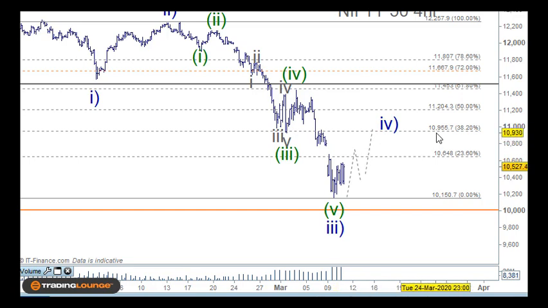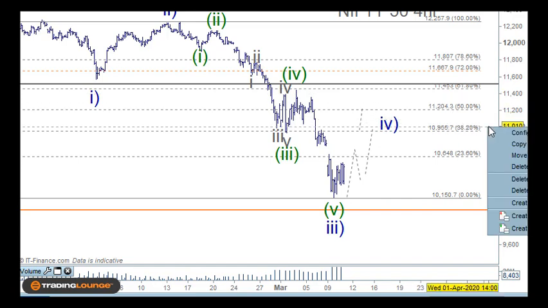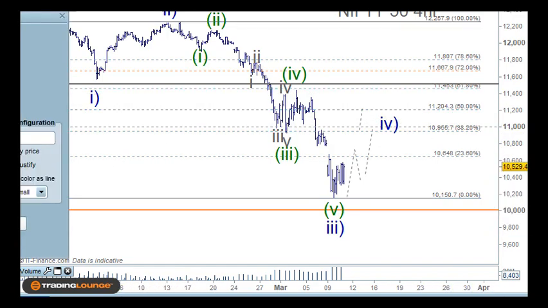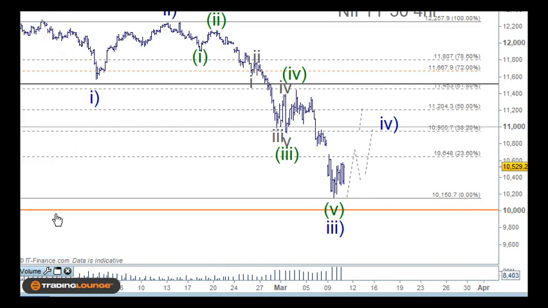So 10,955 is the area for that, but this is also the wave 4 of one lesser degree here, so it may even pop up a little bit further into the 11,200 area through here, but the main number here, of course, is the 11,000. So I'll just pop that in there. So that's really all about that.